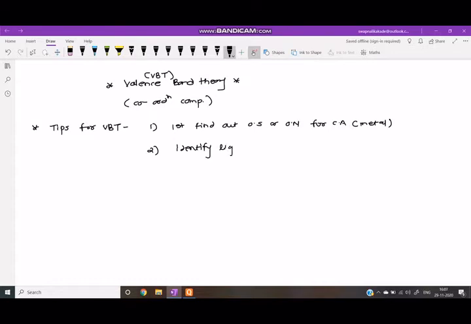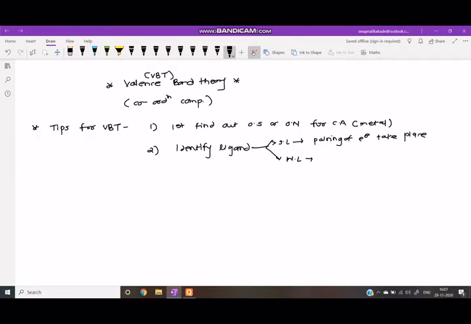Identify the ligand means finding which type of ligand is present, whether it is a strong field or weak field ligand. If the ligand is strong field, then pairing of electrons takes place.